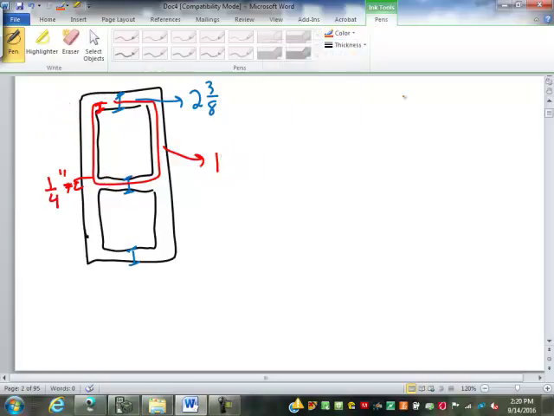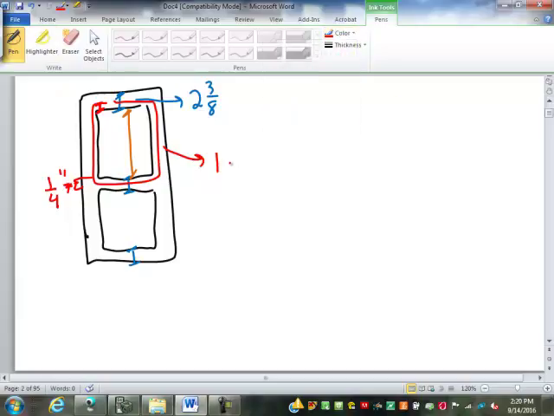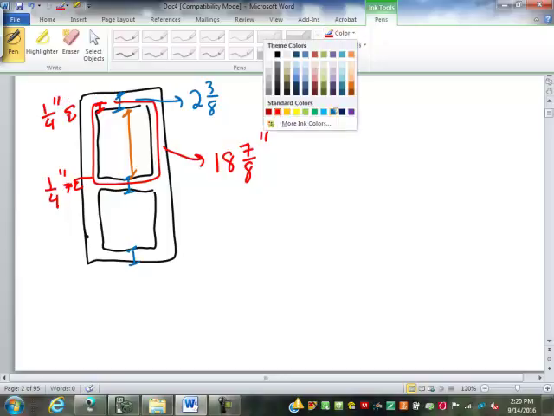Well, the first thing we have to figure out is what the actual distance is from here to here. Oops, where did I lose my 18? My computer's been doing some funny things today. That was 18 and 7/8, right? So let's look at this.